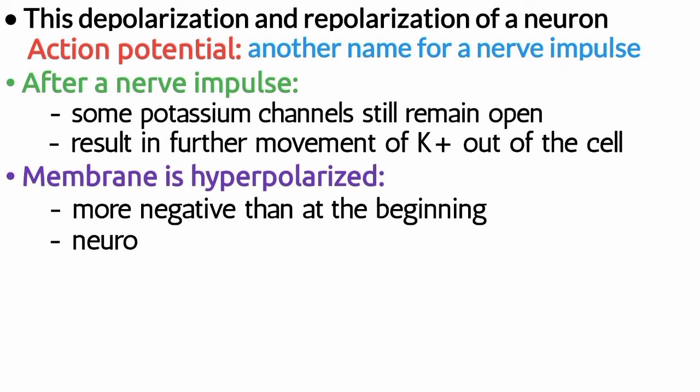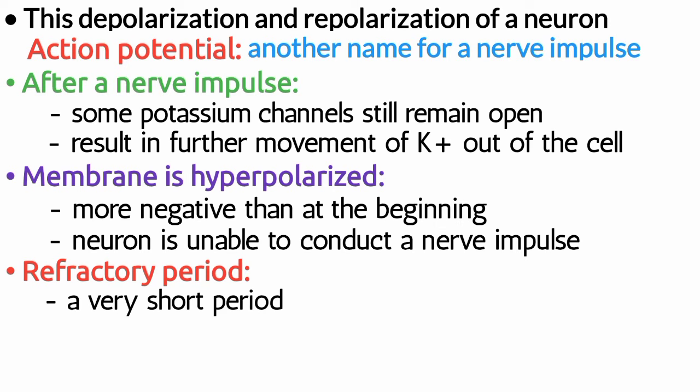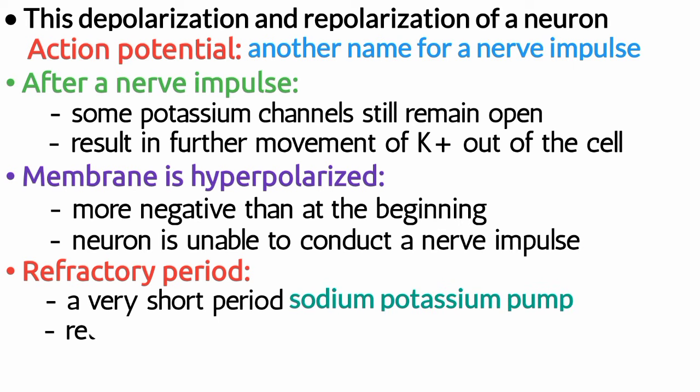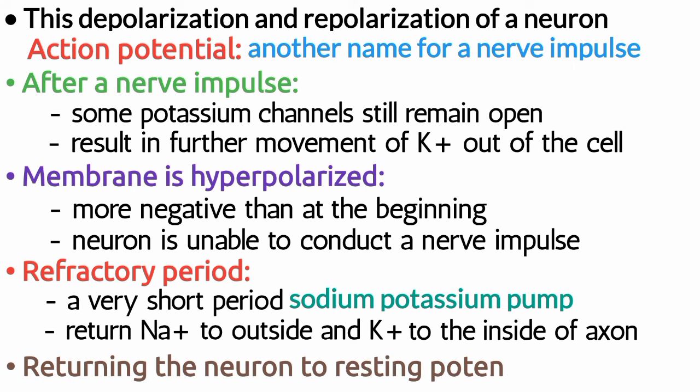At this stage, the neuron is unable to conduct a nerve impulse and it's said to be in the refractory period. The refractory period is a very short period during which the sodium-potassium pump continues to return sodium ions to the outside and potassium ions to the inside of the axon, thus returning the neuron to resting potential.